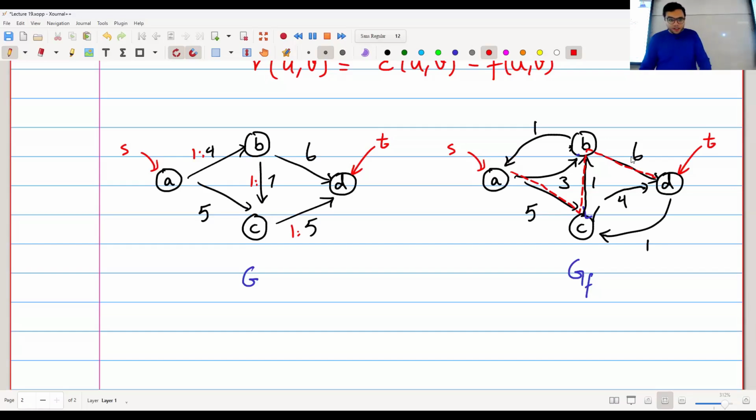How does this change everything? Well, in my original graph, I'm sending 1 unit of flow here. Okay, so this is 1. And then I'm saying send 1 unit of flow up from C to D. So this just cancels the 1 unit that was sent from B to C before.